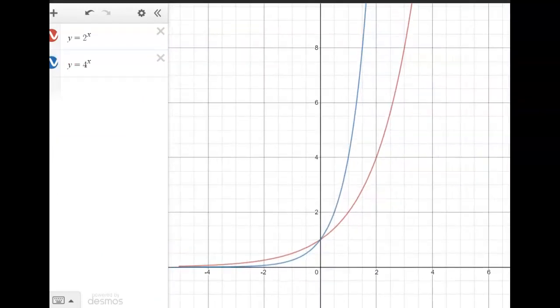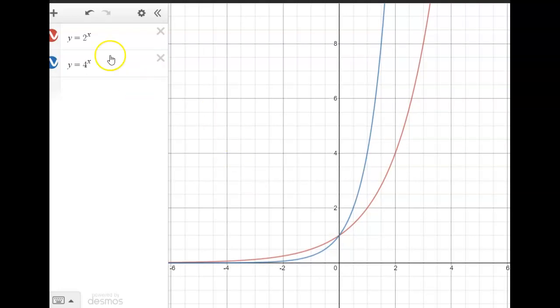So I do have the two graphs graphed on Desmos here, and you could see the graph in red is 2 to the power x, so you could see we got the same points. The y-intercept is at 0, 1, and then we have 1, 2, 2, 4, and so on. So 3, 8 right here.